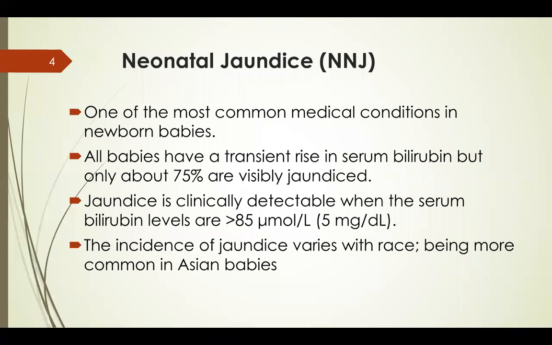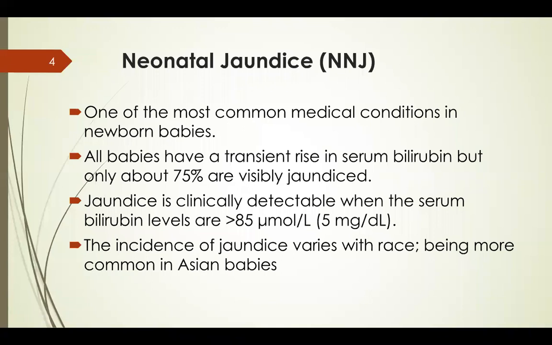Okay, so it's normal to have a transient rise in serum bilirubin, but as I told you, it's only visualized in 75%, which is when the bilirubin is more than 5 milligram per deciliter. When the patient is more than 5 milligram per deciliter, you can see the patient having neonatal jaundice.